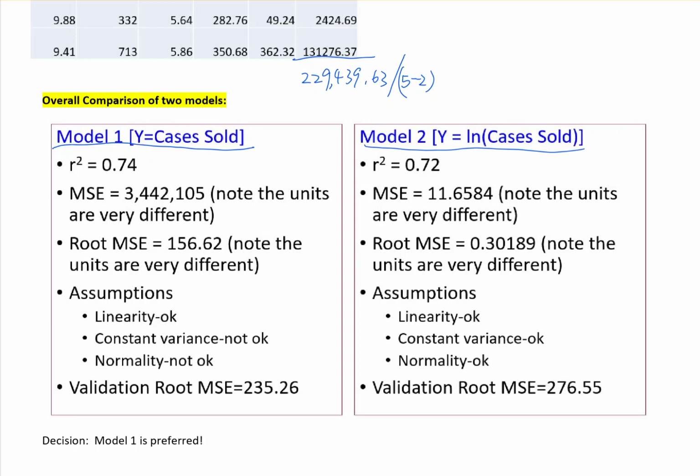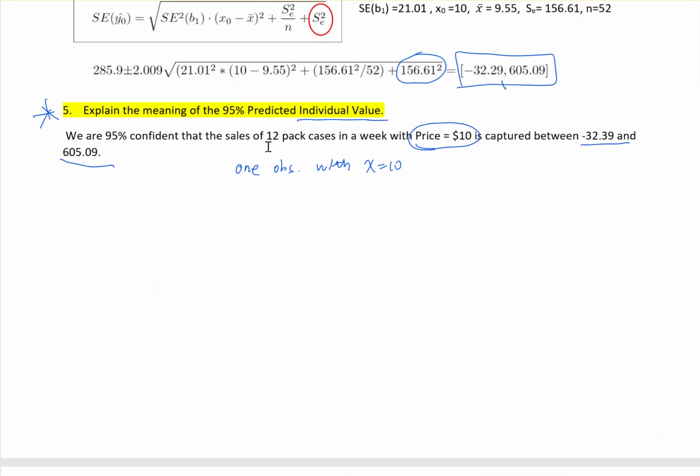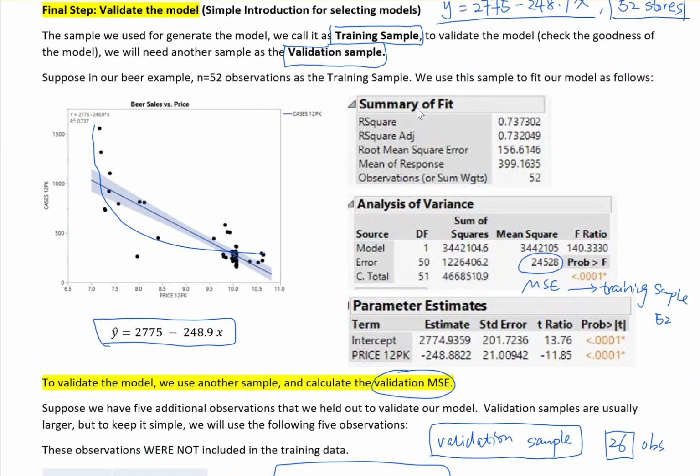Alright, and then the first thing to compare the models, we compare the R square and MSE. So for R square, remember for the old one, the R square is 0.737, right?